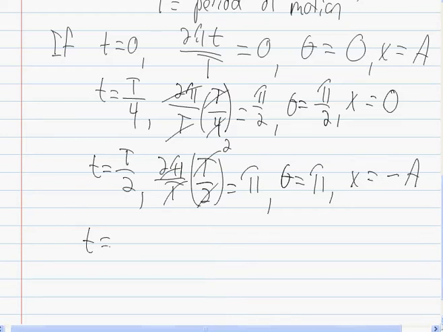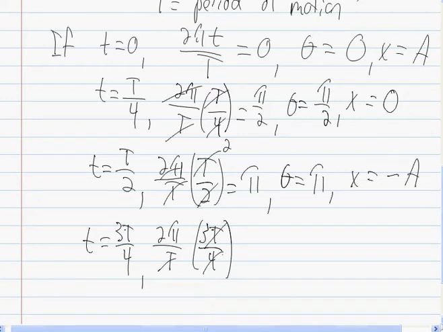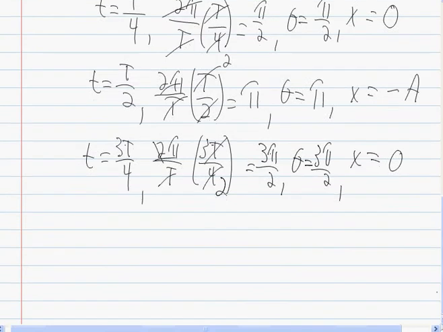Let's go through 3/4 of the cycle. So 2 pi over T, 3T over 4, that leaves 3 pi over 2. So theta is going to be 3 pi over 2, and x is going to be 0.